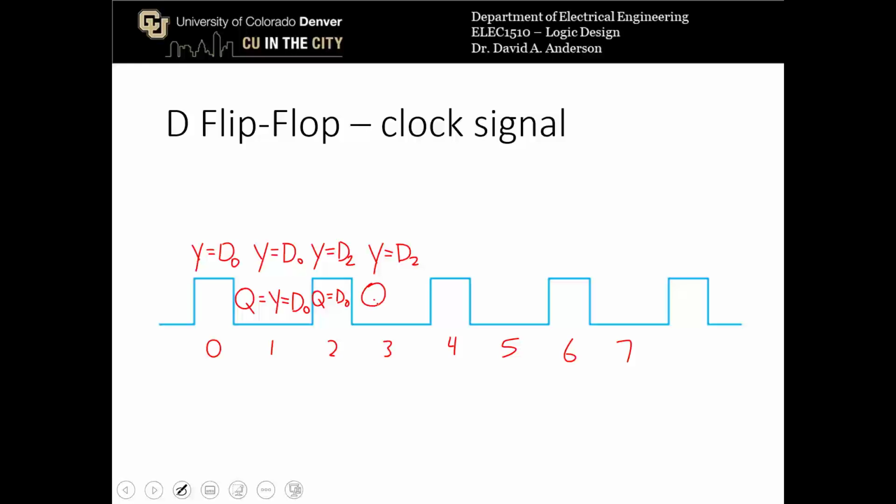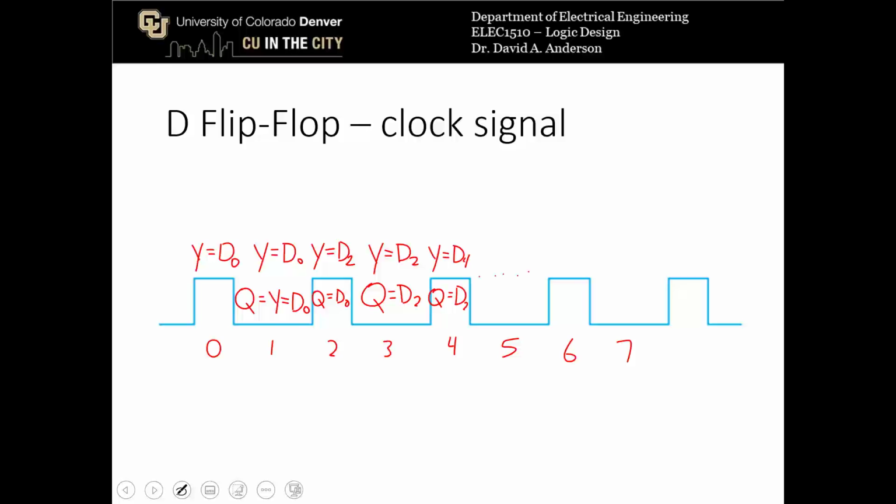Q is going to be equal to D2. And at time instance 4, now Y is equal to a new value, D4. Q is going to remain equal to D2, and so on.